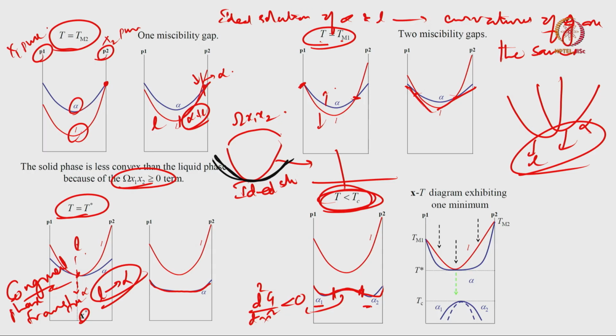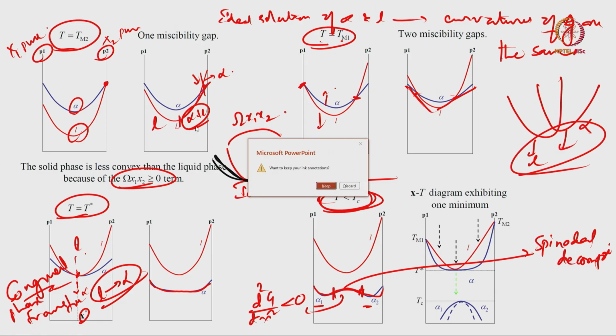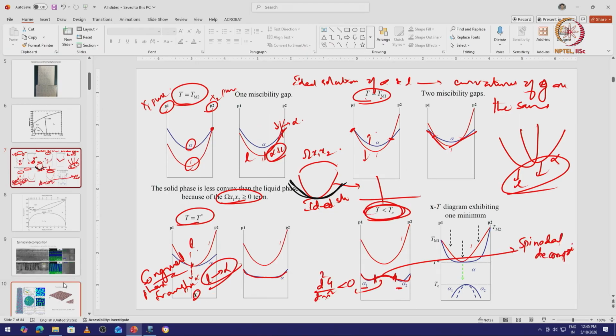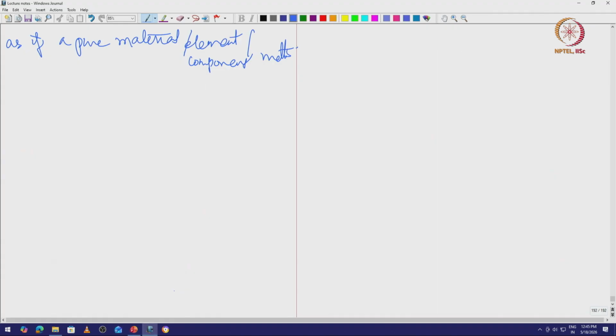So, this is the so called spinodal decomposition, and we have seen this before. So, alpha phase just spinodally decomposes into alpha 1 and alpha 2 below a certain temperature. Now, let us go back to this idea of spinodal decomposition. There is no liquid anymore, it is just spinodal decomposition of the alpha phase.